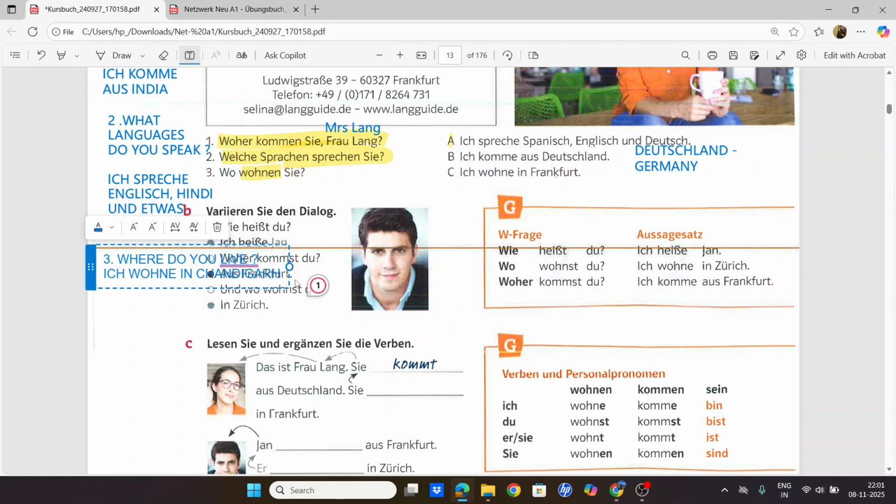So wherever you are living currently, you can write the city name. Remember, it's not for the country, it's where you are currently living or residing. So I am living in Chandigarh. You can mention your city, whatever city you are living in, not the state, just your city name.